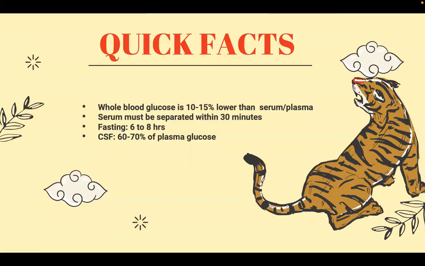So, quick facts lang. Pwede po itong lumabas sa inyong mga examinations, sa inyong board examination or on your period 1 examination. Quick facts, number 1, whole blood glucose is 10 to 15% lower than serum or plasma. Okay? The serum must be separated within 30 minutes kasi kapag whole blood pa din po siya and if you will be subjecting it into a chemistry test, may tendency na bumababa yung inyong mga sugar doon sa serum.